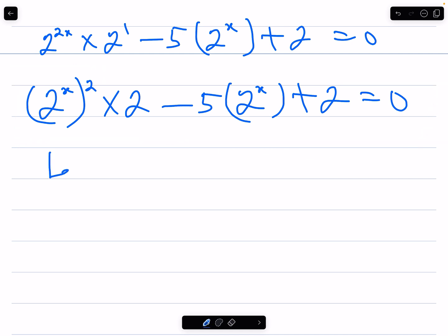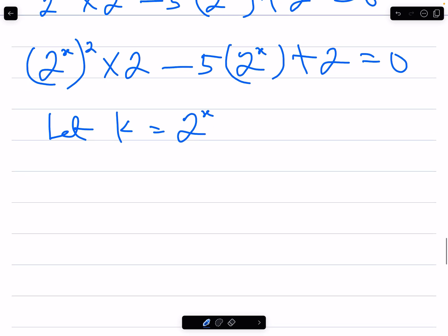So let k be equal to 2 raised to the power x. If k is equal to 2 raised to the power x, then the equation becomes k squared times 2, which is 2k squared, minus 5k, plus 2 equals 0. Now we can solve this.